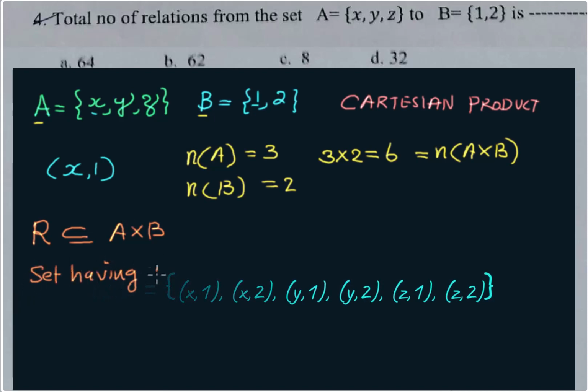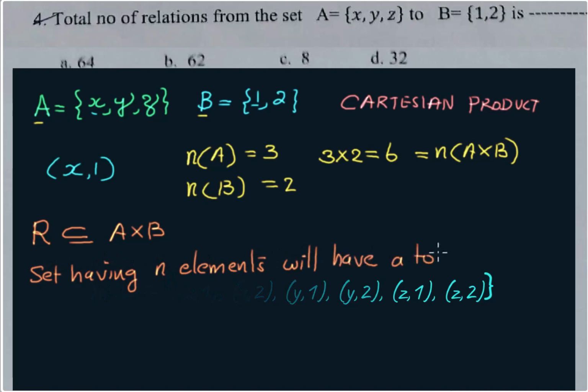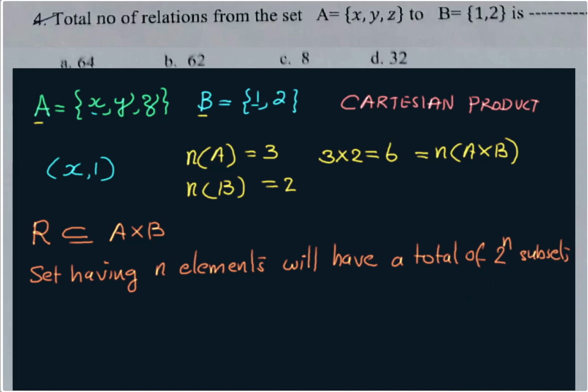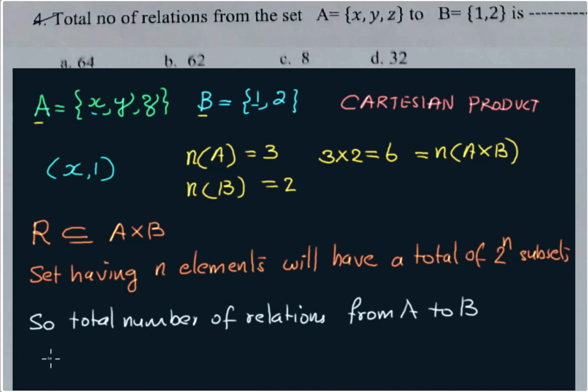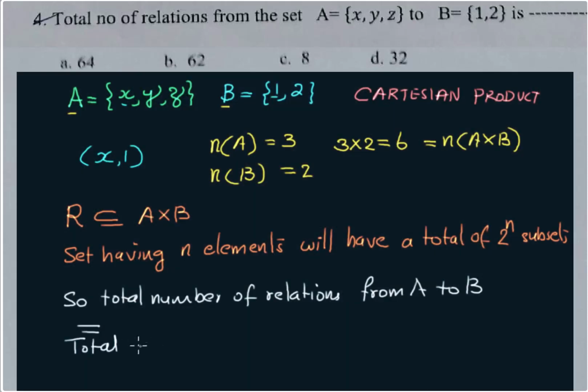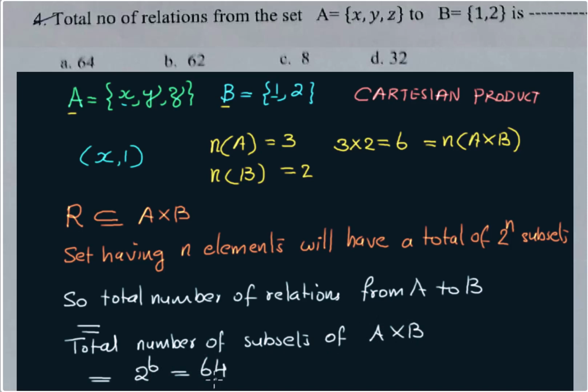We know a set having n elements will have a total of 2 raised to n subsets. So the total number of relations from A to B is the total number of subsets of the Cartesian product A cross B, which is 2 raised to 6, that is equal to 64.